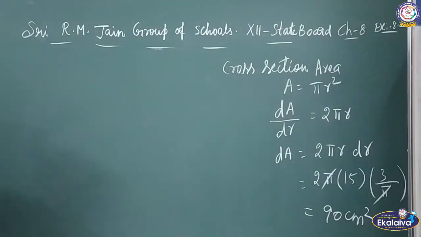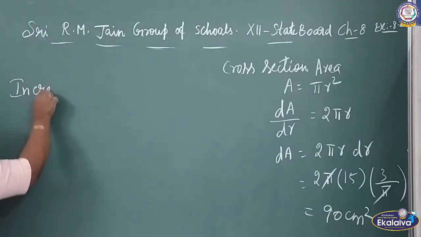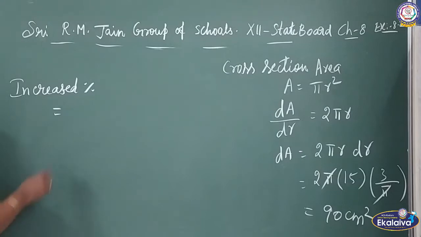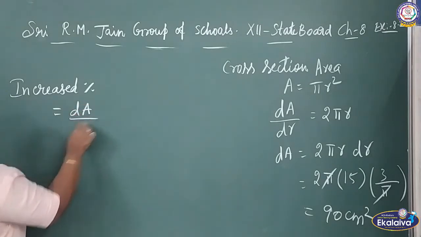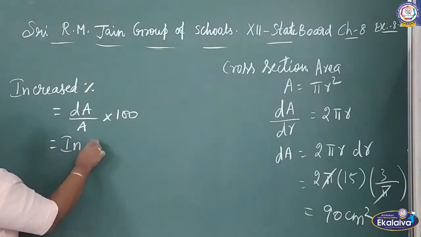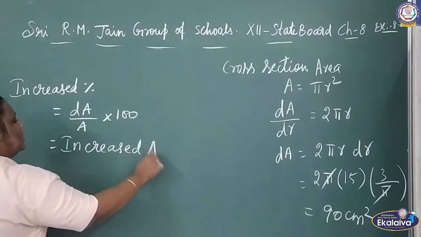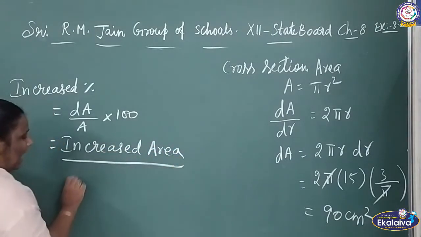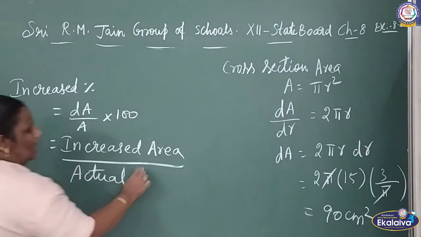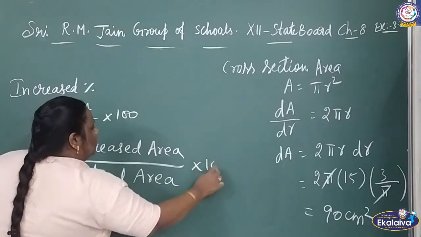See, increase in area, increase in percentage. So what is that value we take? dA by A into 100. It's nothing but what? Increased area in percentage. Increased area by actual area into 100.